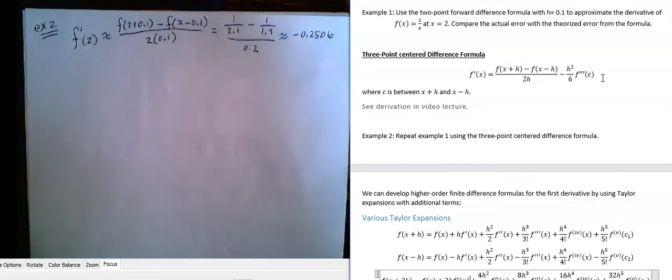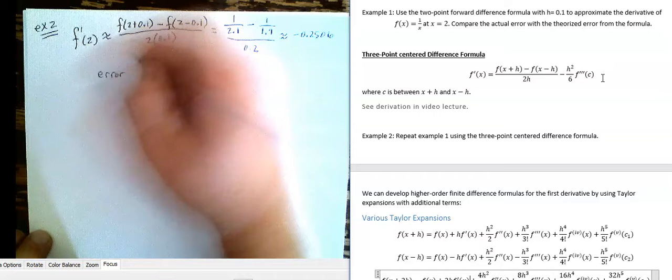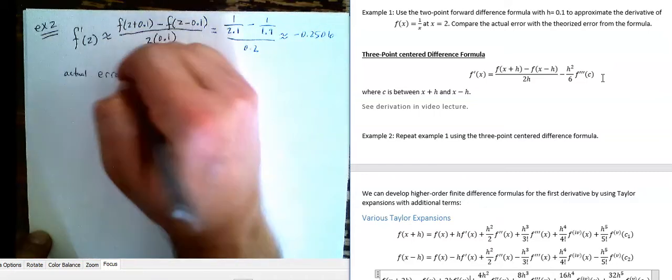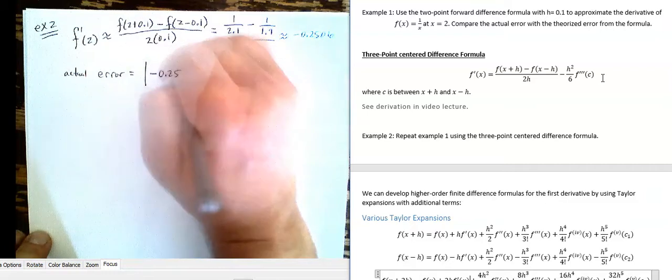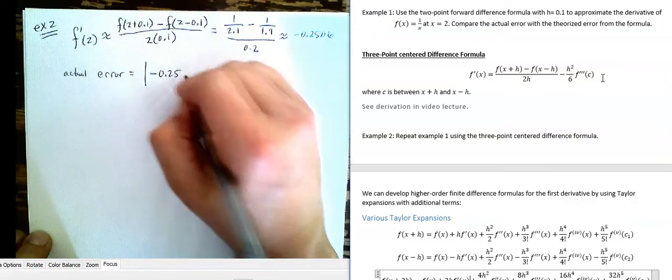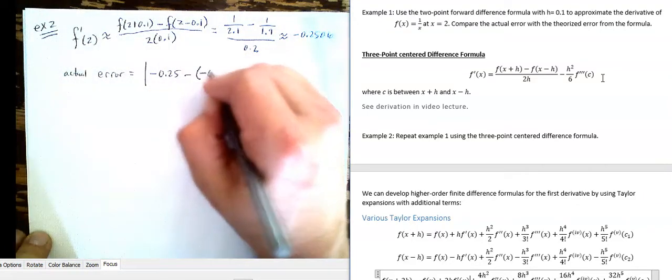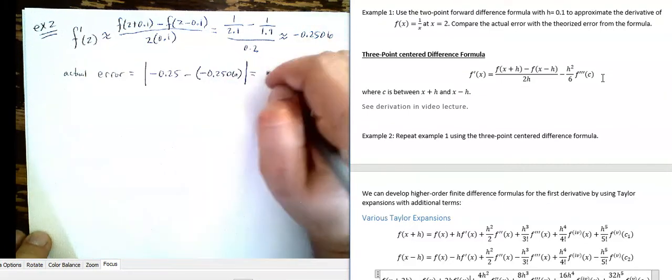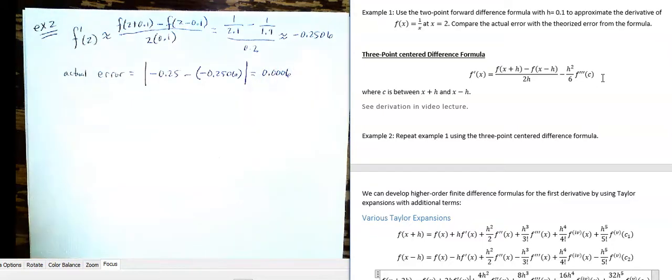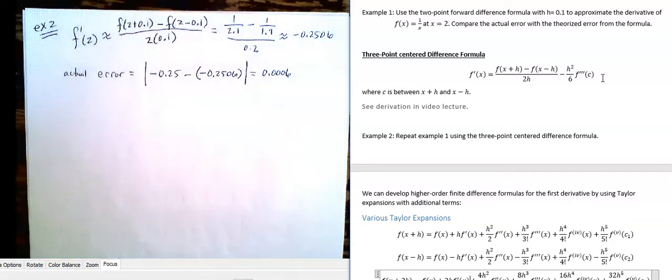So you can see that our actual error is equal to 0.25, that was the exact value of the derivative, minus our approximation, which you can see is 0.0006. So it's about 3 times less than the previous error.